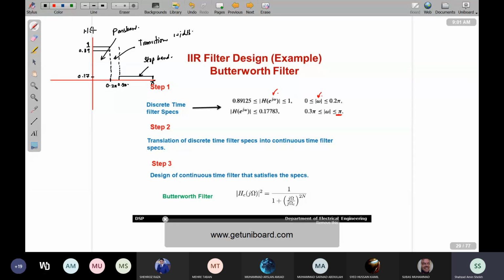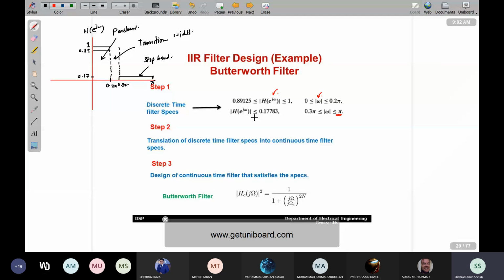the desired discrete time filter response, H of exponential j omega is between 1 and 0.89 for omega between 0 and 0.2 pi. This is my pass band, 0 to 0.2 pi.